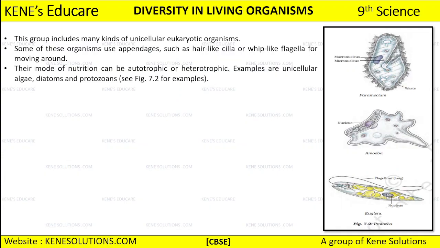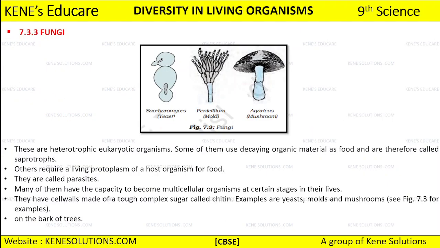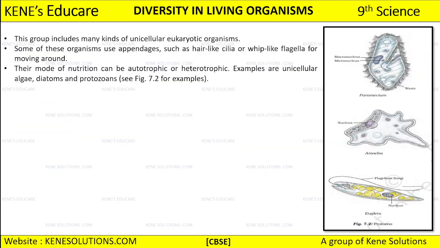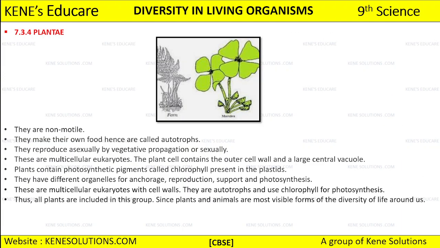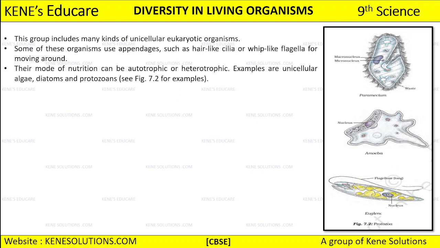Okay, so I hope that you are clear with Kingdom Monera. Now in the next part of this lesson, diversity in living organisms, we are going to start with Kingdom Fungi. We have discussed Kingdom Monera and Kingdom Protista.